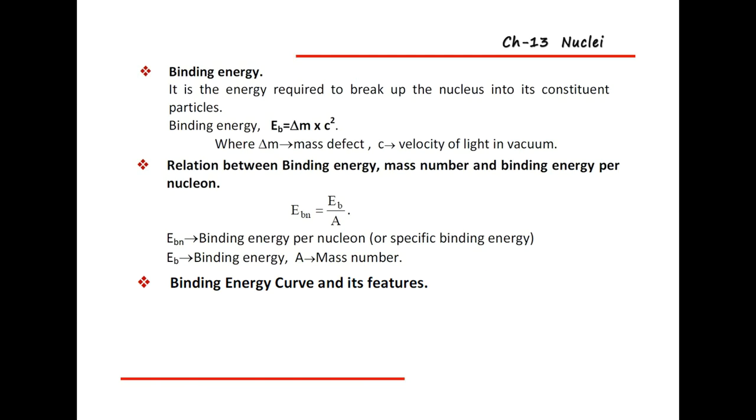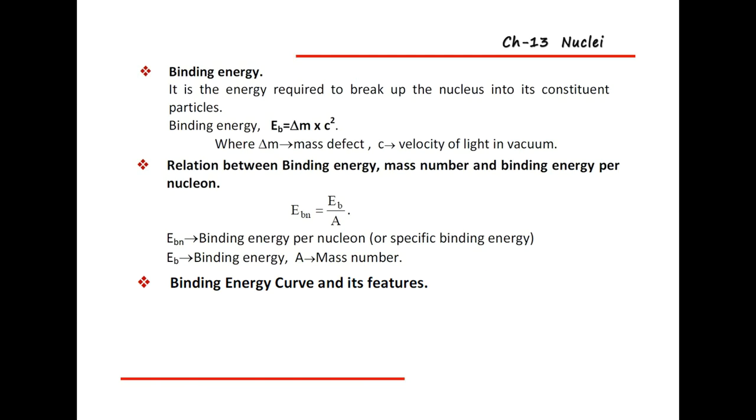Then the relation between binding energy, mass number, and binding energy per nucleon: EBN equals EB divided by A, where EBN is the binding energy per nucleon, or specific binding energy, EB is the binding energy and A is the mass number.